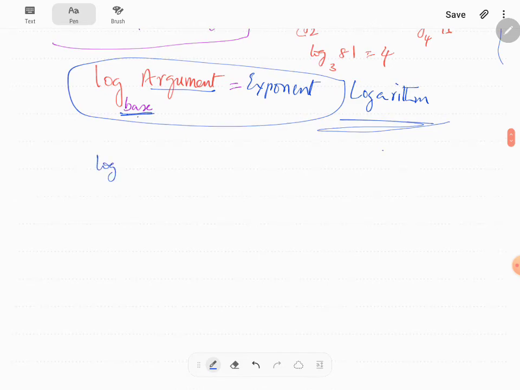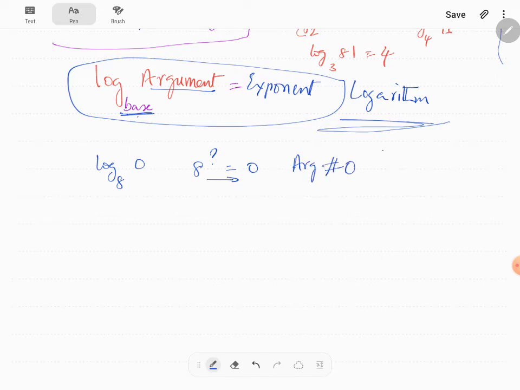If we take log 0 with base 8, it's like asking, can the argument take a 0? With what we just learned, it's like asking 8 to the power of what is 0? Can this number ever evaluate to a 0 with whatever number you have in the exponent? No. A to the power of anything cannot be a 0. So the argument cannot be 0.